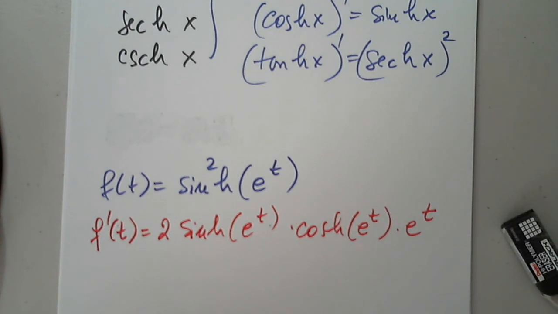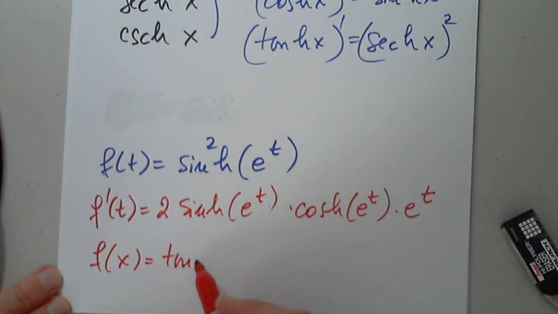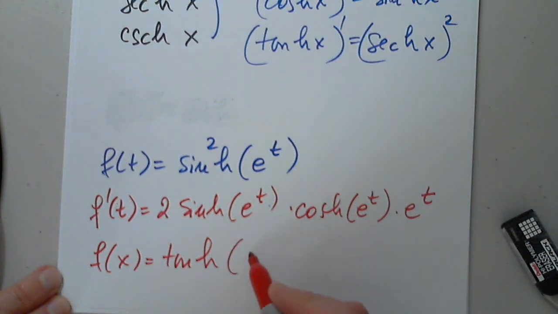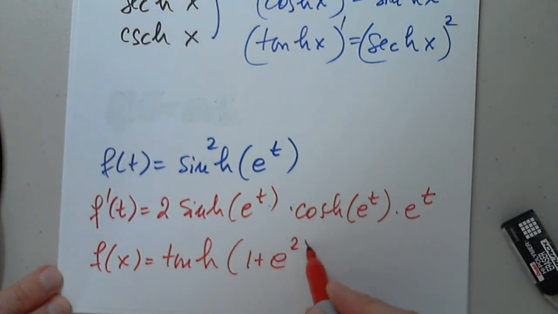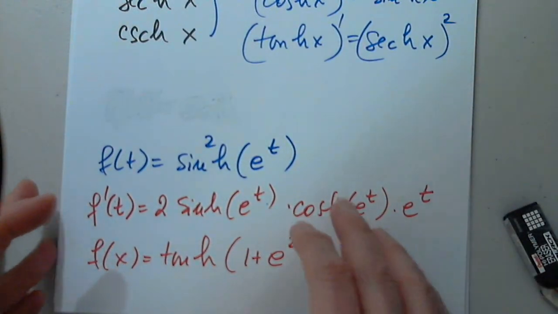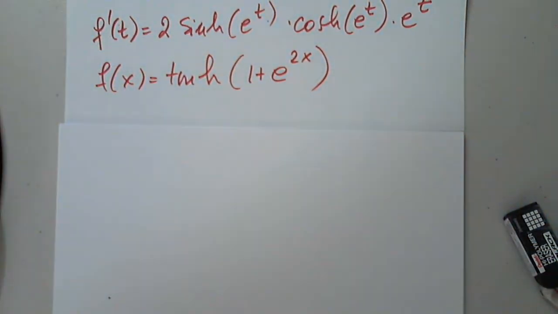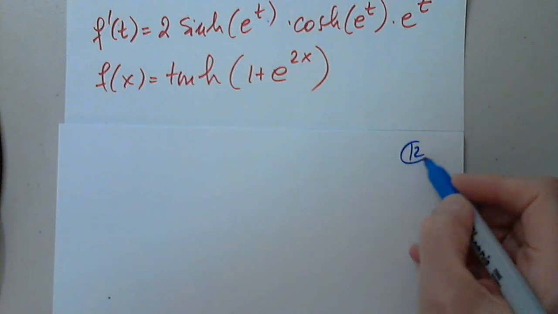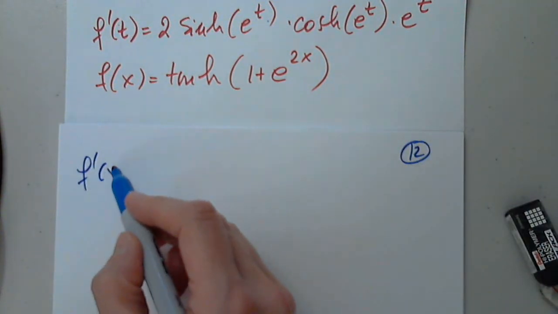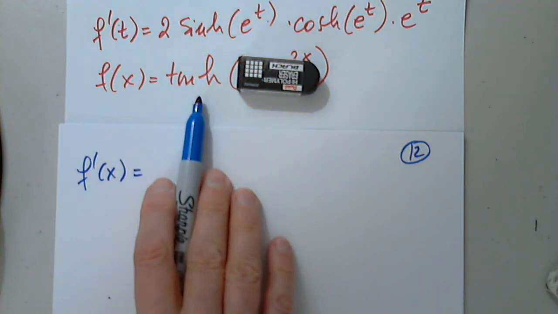So here's another. f of x equals hyperbolic tangent of 1 plus e to 2x. The same thing, we're asked to determine the derivative of this function. So f prime, we first differentiate hyperbolic tangent.